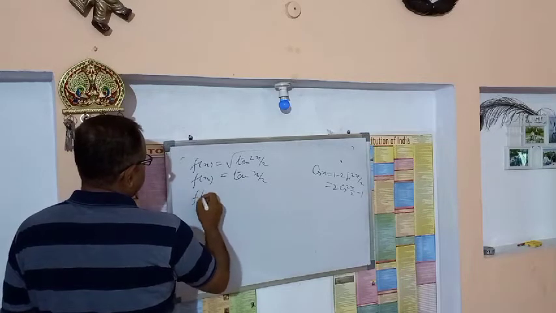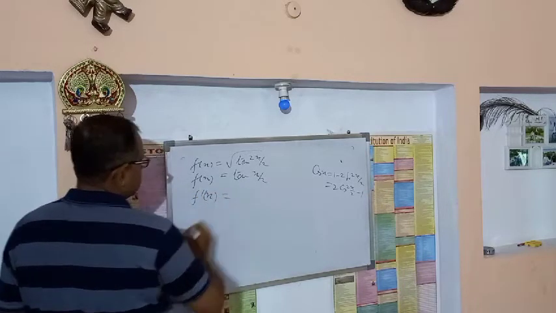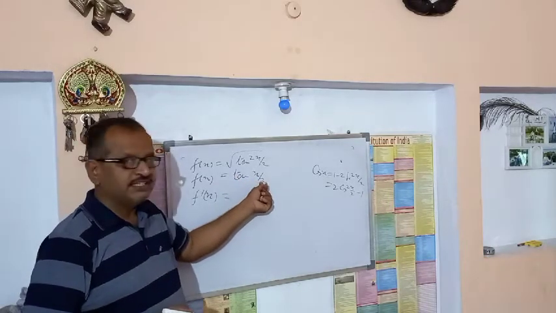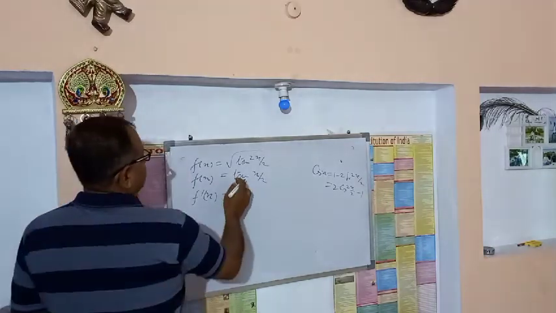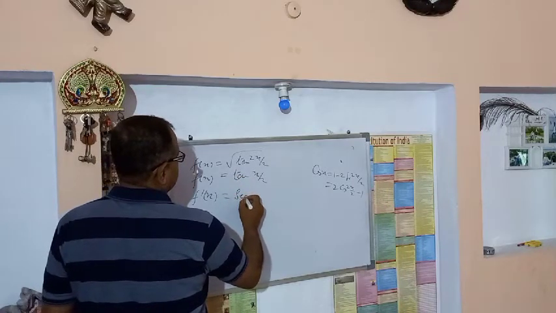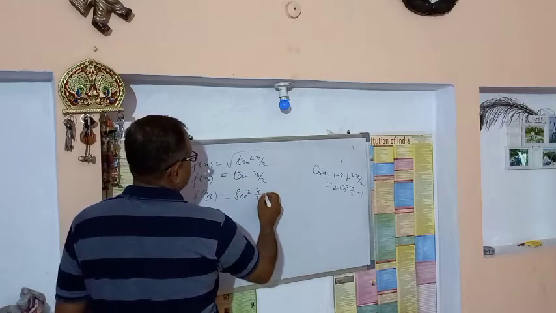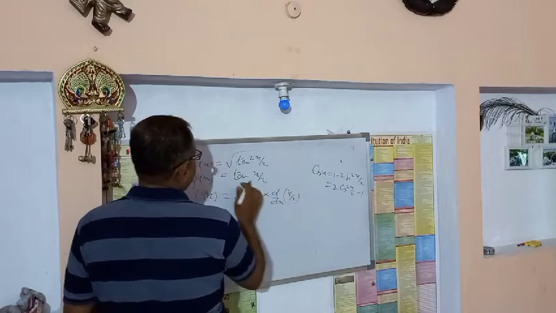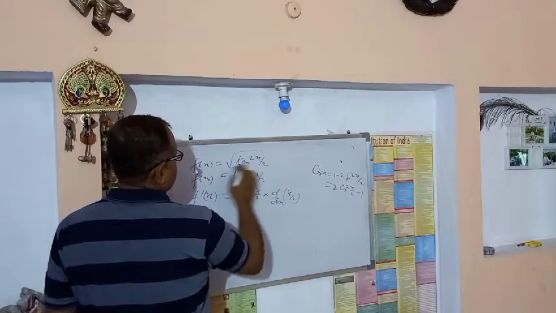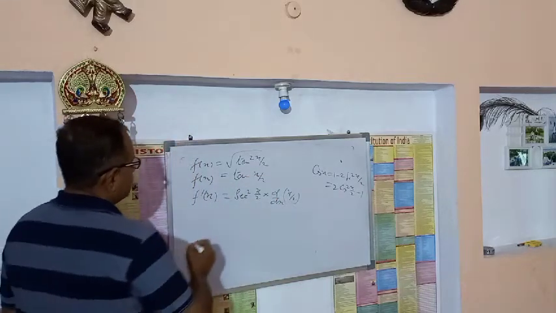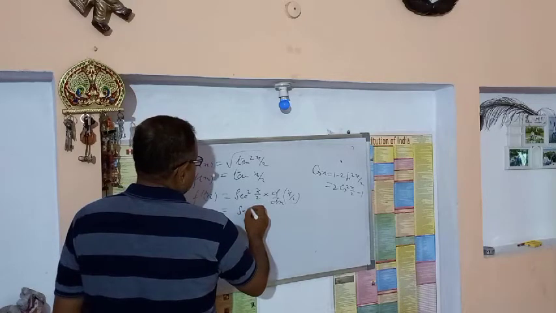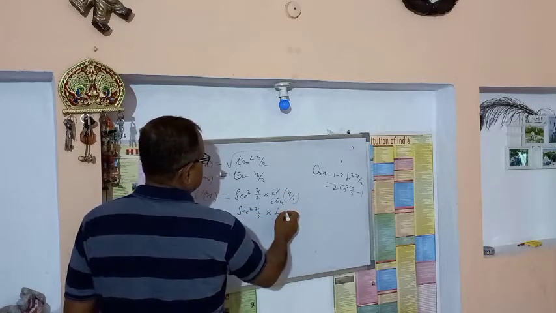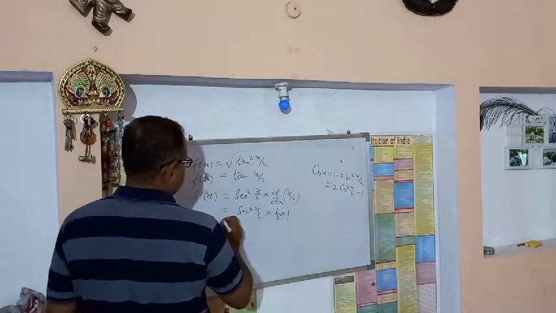Now differentiate it, f dash x. Here it is a function of a function, outer function is tan, inner function is x by 2. Tan x differentiation is sec square. So sec square x by 2 into dy dx of x by 2. Firstly we differentiate tan, after that x by 2. 1 by 2 is constant, differentiation of x is 1.